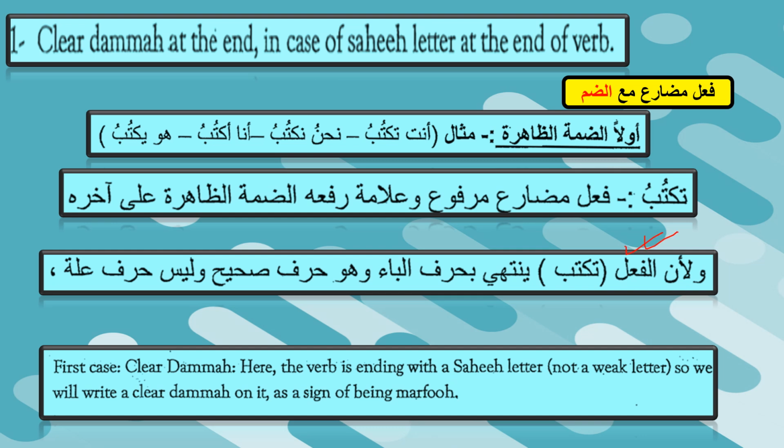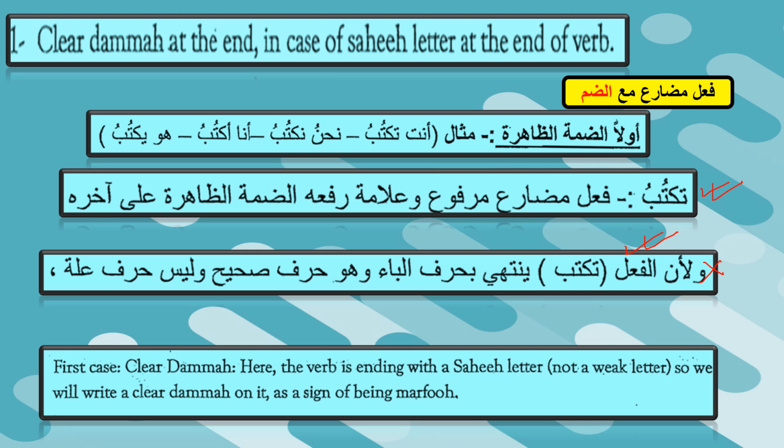You can omit this because it's not necessary. You can only give the i'rab as fi'l mudari' marfu' wa alamatu raf'ihi ad-dhammatu az-zahiratu ala akhirihi li'annahu sahih al-akhir. So that's the end of your i'rab for the fi'l mudari'.